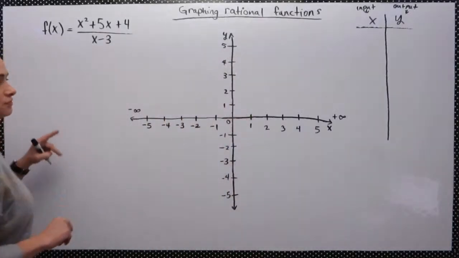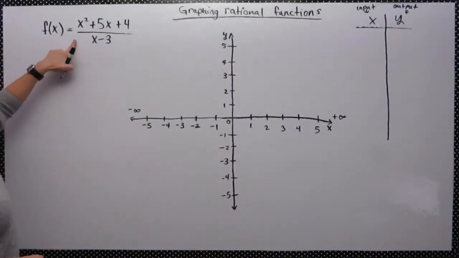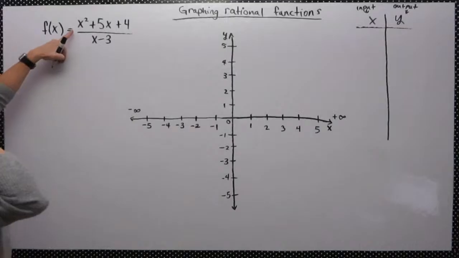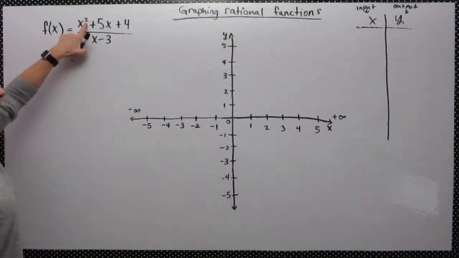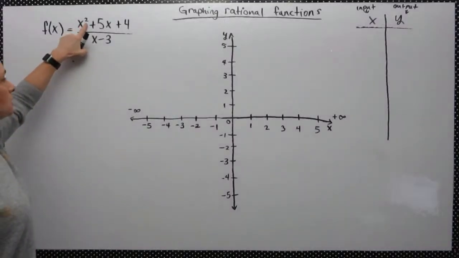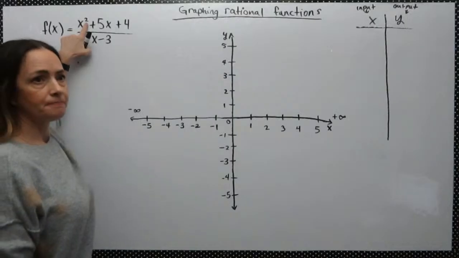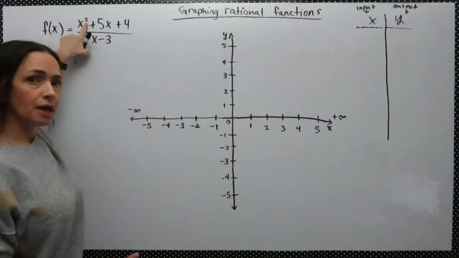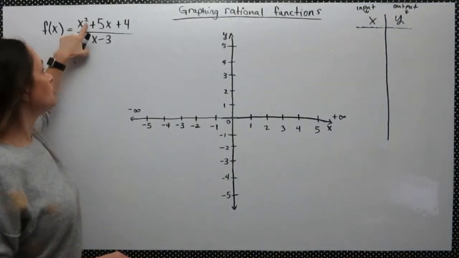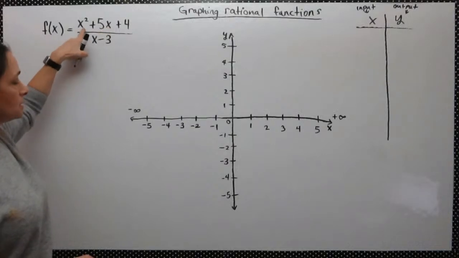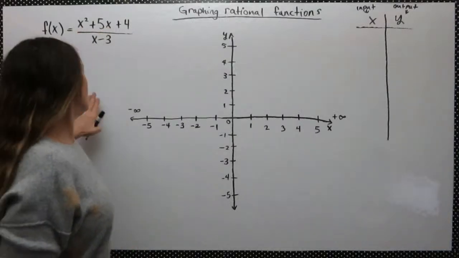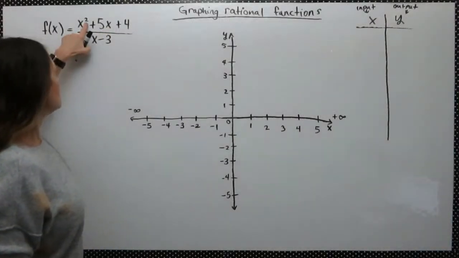Looking at this function, you have a general rule. So you have case 1, and you're looking at the leading exponent. The leading exponent is the highest degree exponent in your equation. It should be in descending order, that's considered standard form, but if it's not, you're just looking at the largest one.